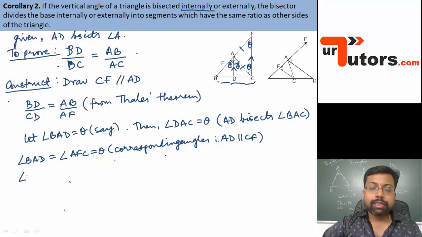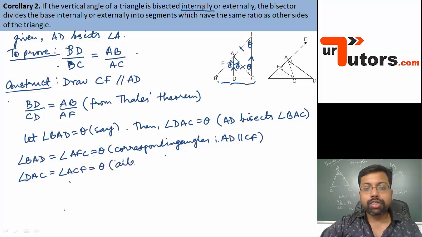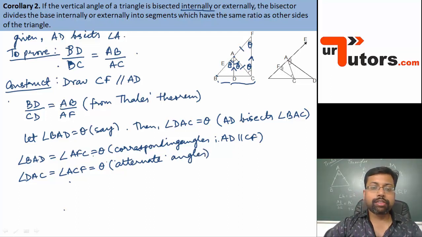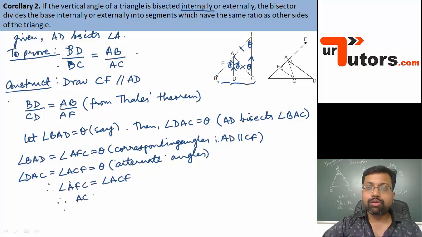Also, angle DAC equal to angle ACF equal to theta by alternate angles. If these two angles are same, therefore we can say that angle AFC is equal to angle ACF. Therefore AC is equal to AF.